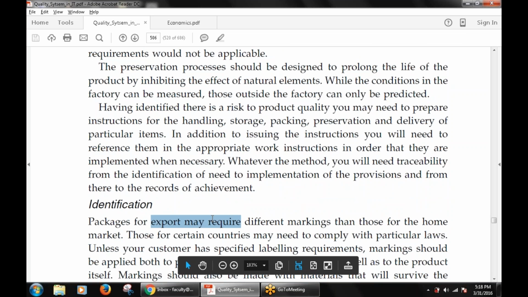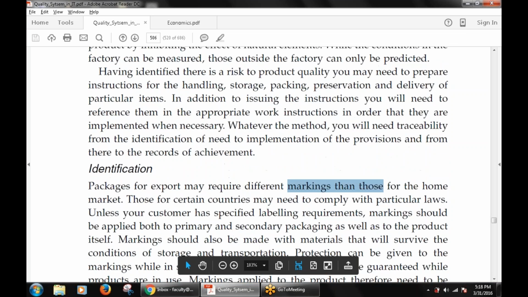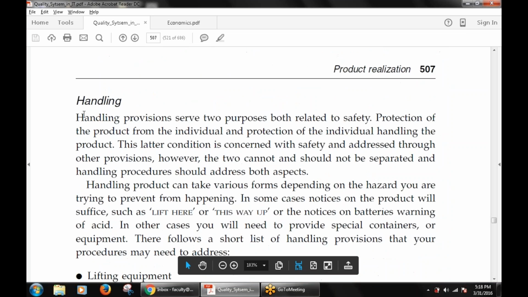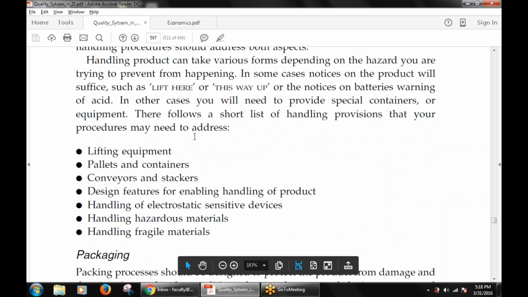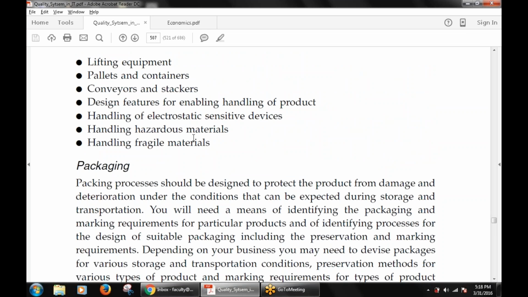So packages for export may require different marking than those for the home product. Next is the handling. So first of all, identify, then handle the product, then packaging, which needs to be designed to protect the product from damage and deterioration under certain conditions, so that it can be safely handled during storage and transportation.